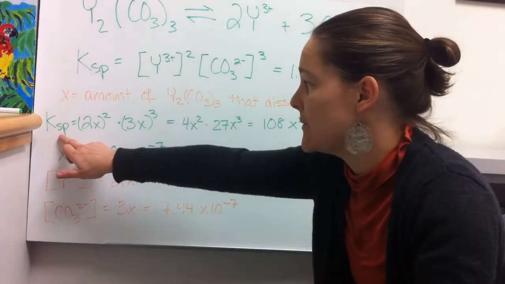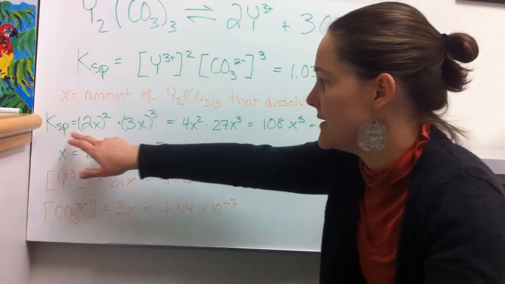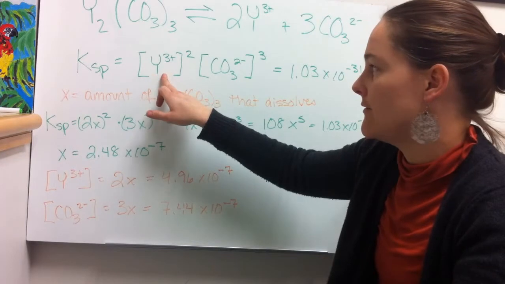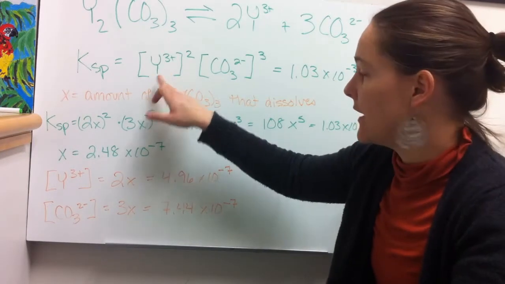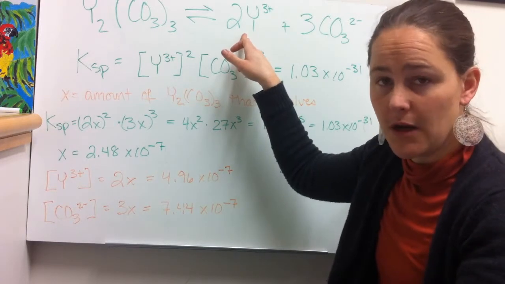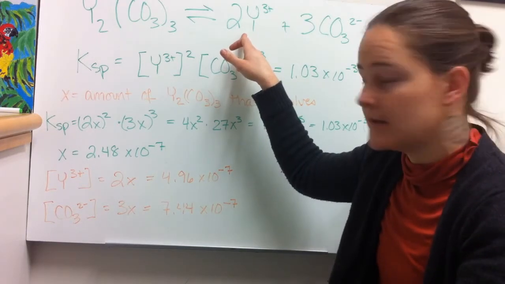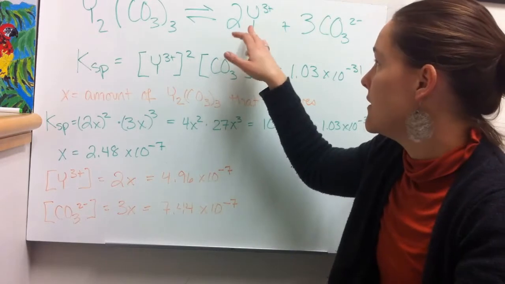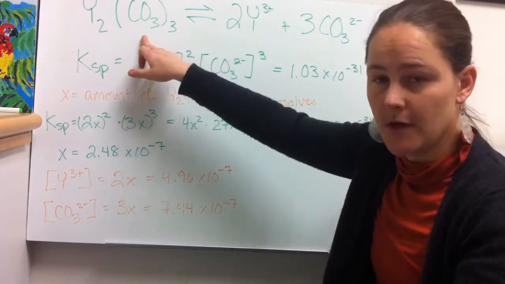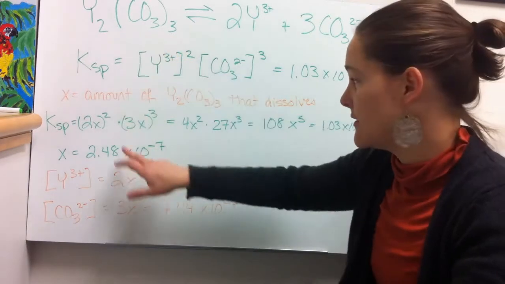So now we can write the KSP, where KSP is equal to 2x squared for the concentration of yttrium squared. It's going to be twice because there's 2 yttrium that dissolve from each molecule of yttrium carbonate that dissolves, or there'll be 2 yttriums in solution for every yttrium carbonate molecule that dissolves.